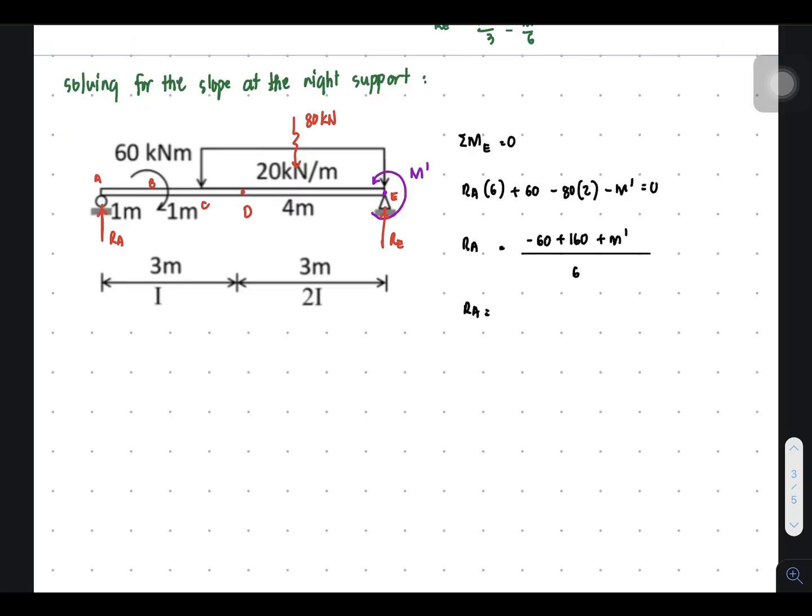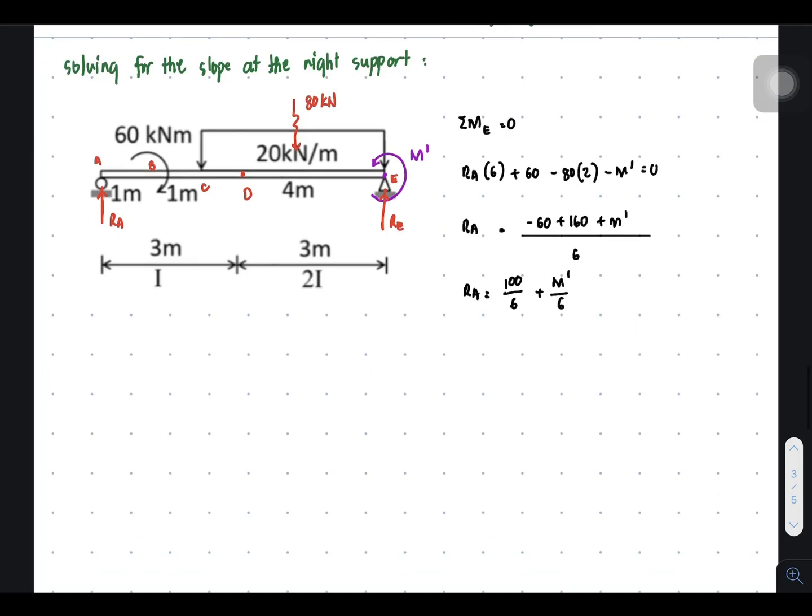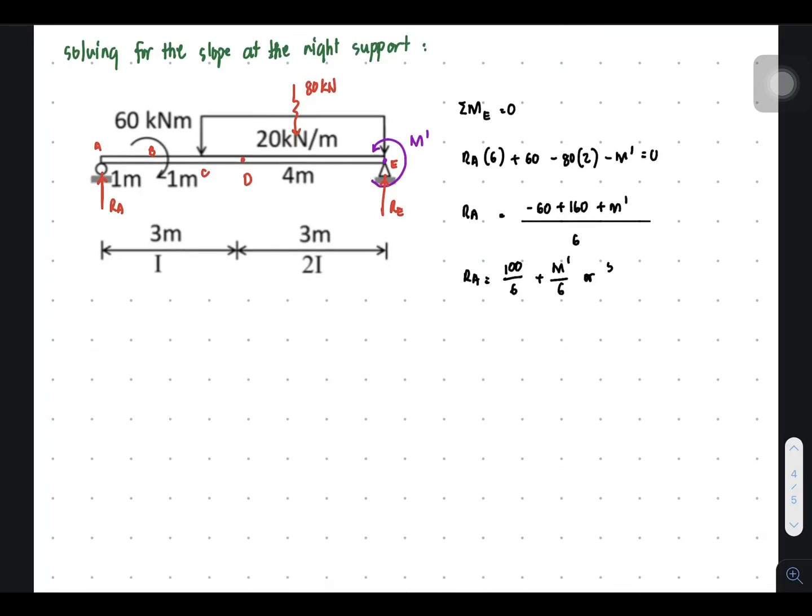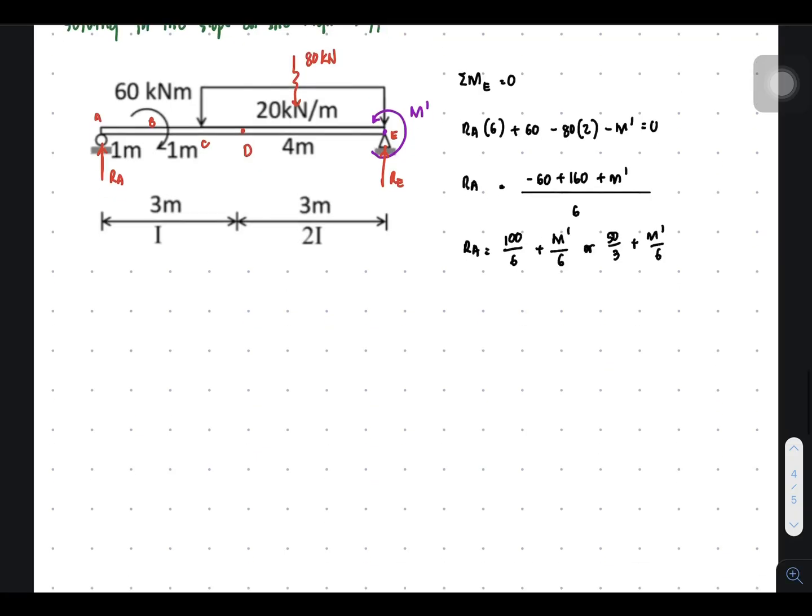So RA is equal to 60 negative and 160, it's 100. So it's 100 over 6, then plus m prime over 6. We can simplify it to be 50 over 3, then plus m prime over 6. So that is our RA.